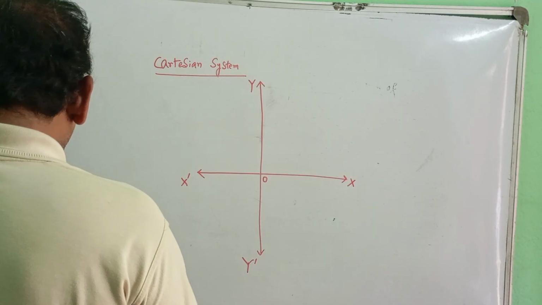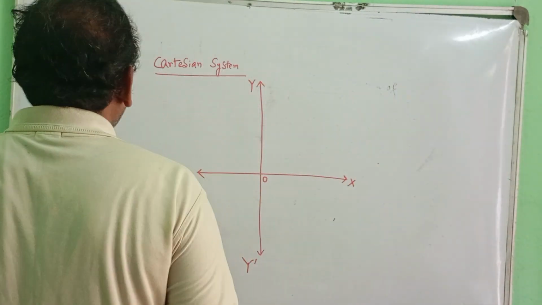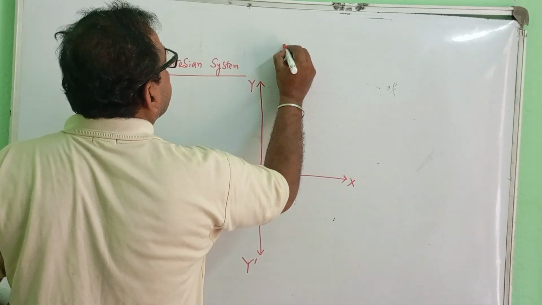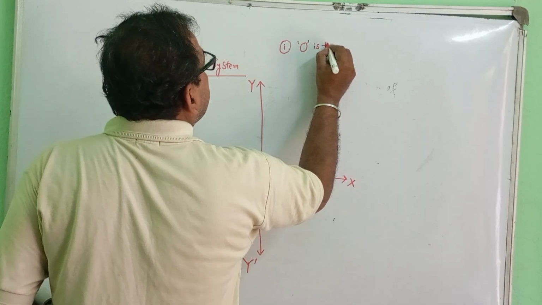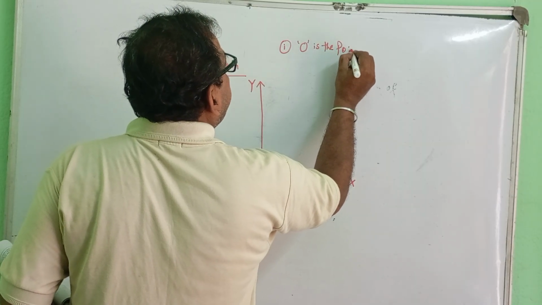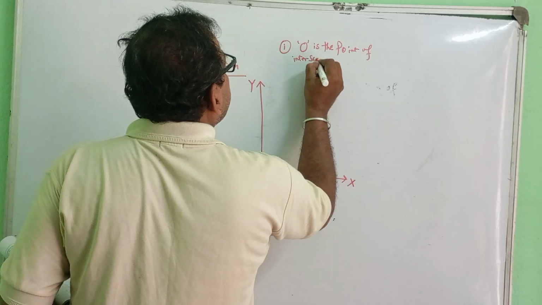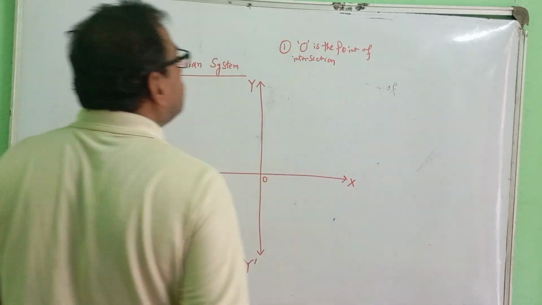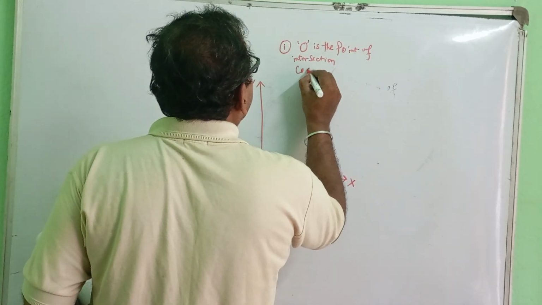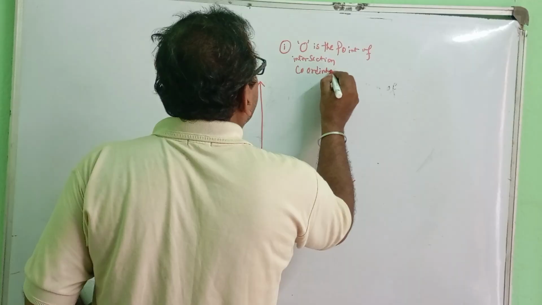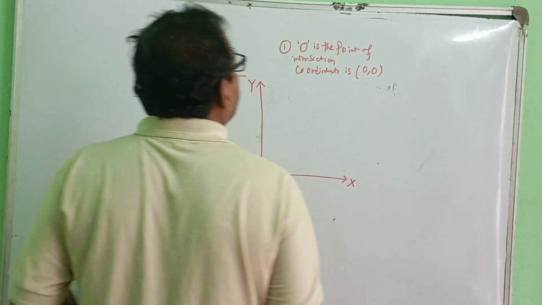Now this is the point of intersection. So number one, O is the point of intersection and its coordinate is 0, 0.